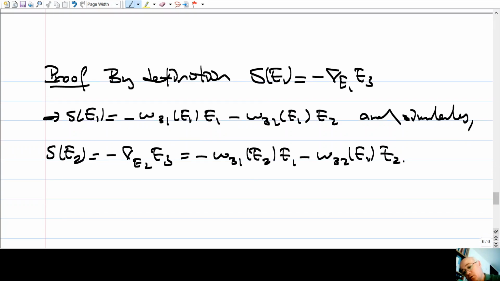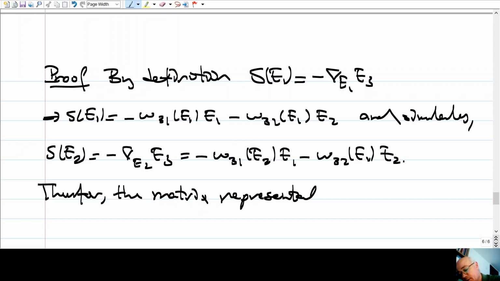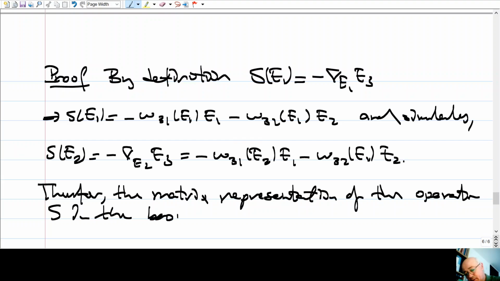Therefore, the matrix representation of the operator S in the basis E1, E2 of the tangent space is just what?